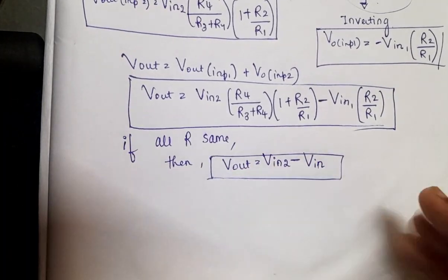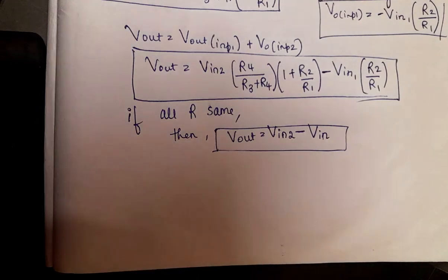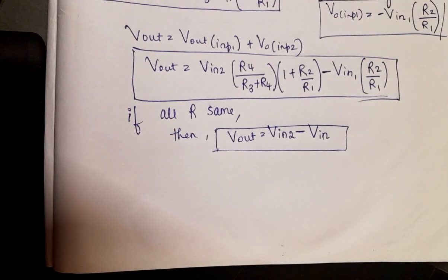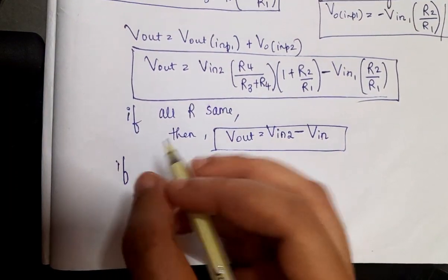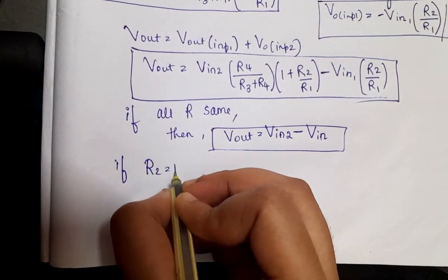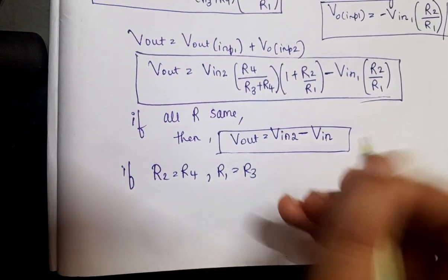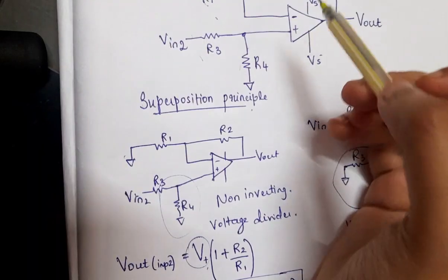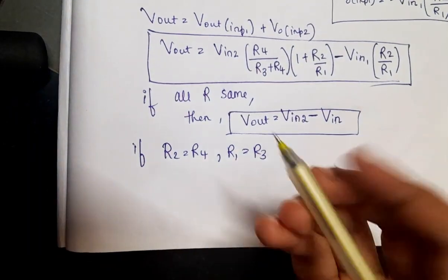Now let us consider one more case, that is what if R1 is equal to R3 and R2 is equal to R4. These two resistors are considered the same and these two resistor values are considered the same.